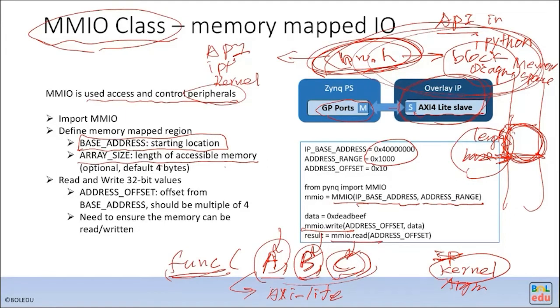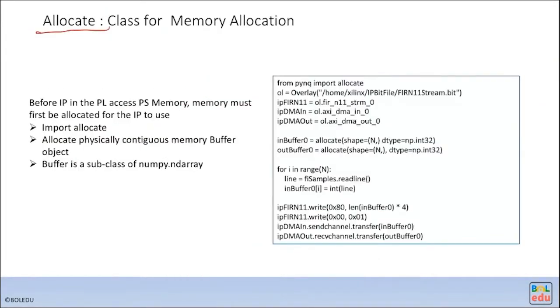Another one you want to know is allocate. Allocate is an XLNK call, so basically they are the same thing.